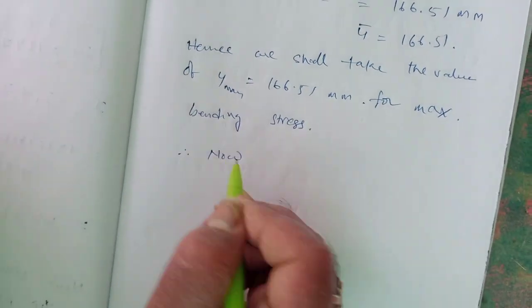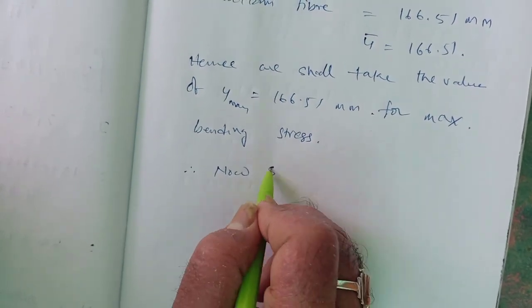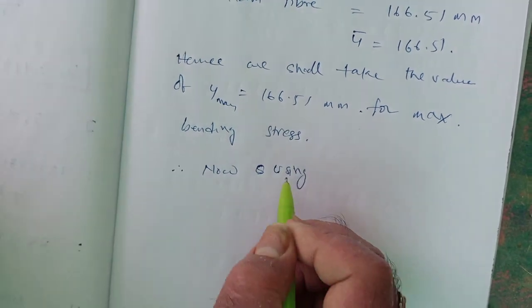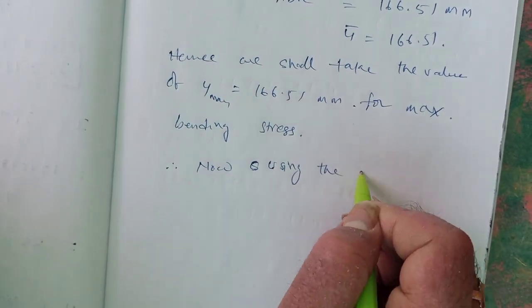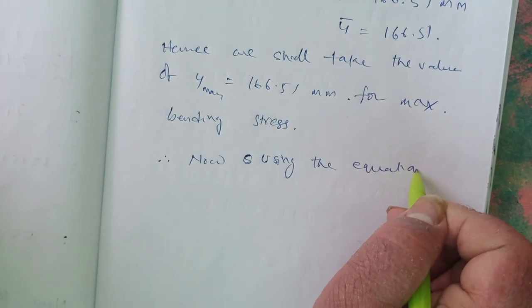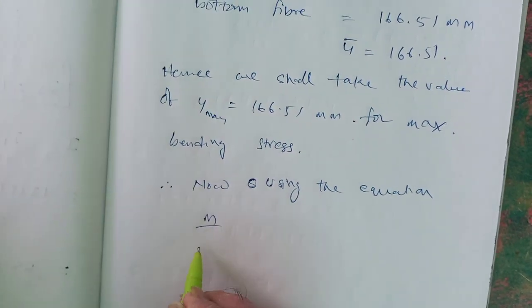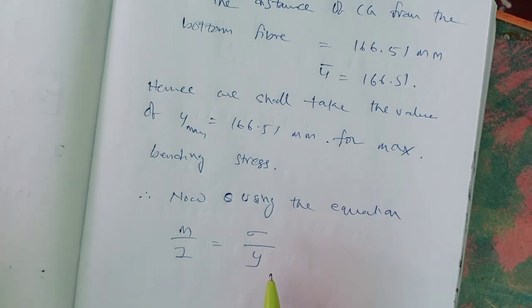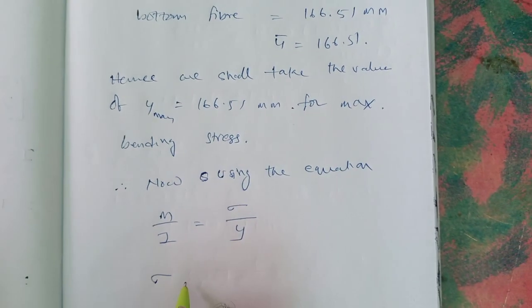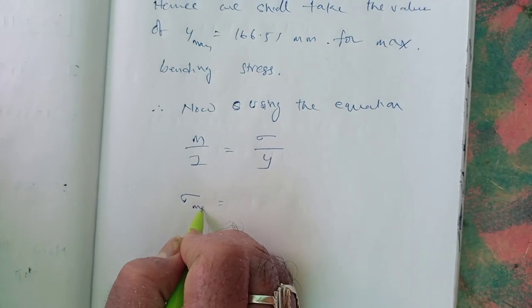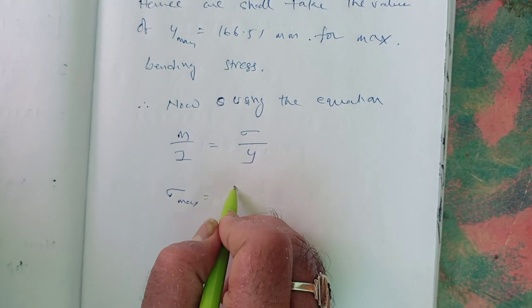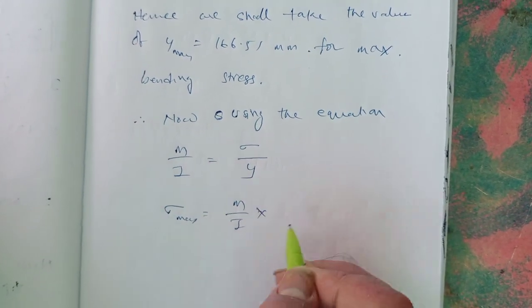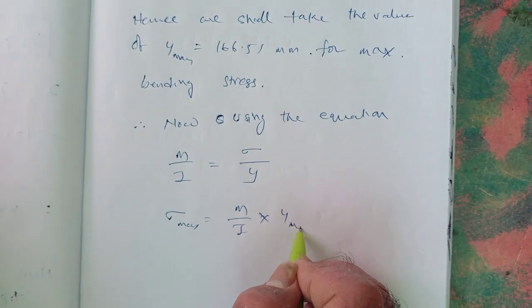Now using the equation M by I equal to sigma by y, sigma maximum is equal to M by I into y maximum.